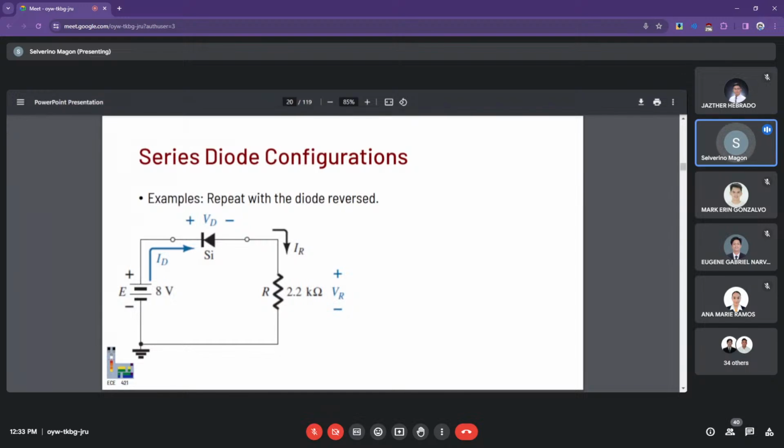Now, similarly, in the reverse bias condition, you have zero current through it, and so essentially you have a zero VR right there.